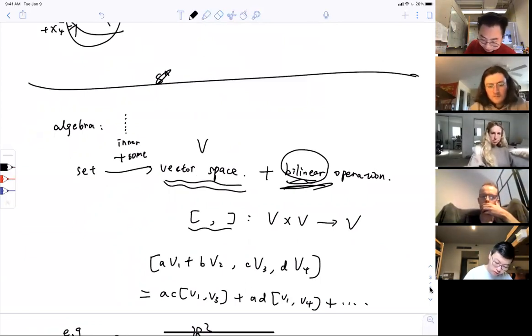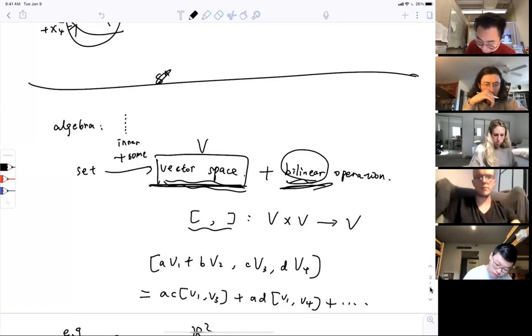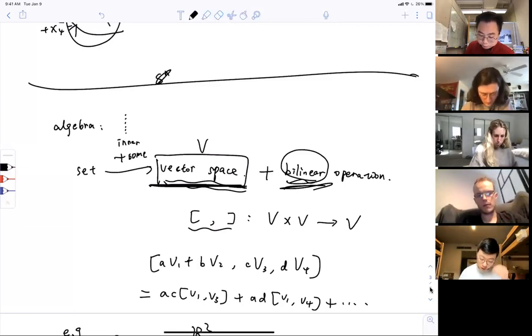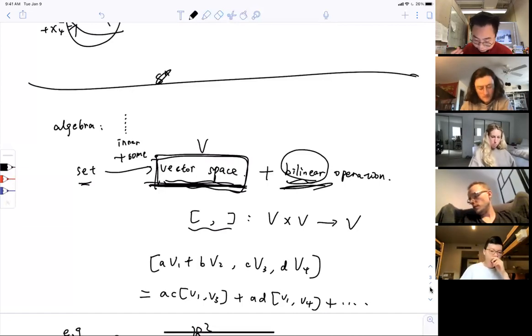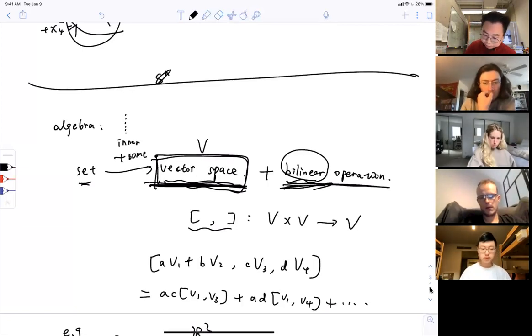So basically, what I want to stress is the starting point is the vector space. Of course, you can regard a vector space as some structure added to a set, right? But the point is, it's a vector space with some bilinear operation, then it's an algebra.